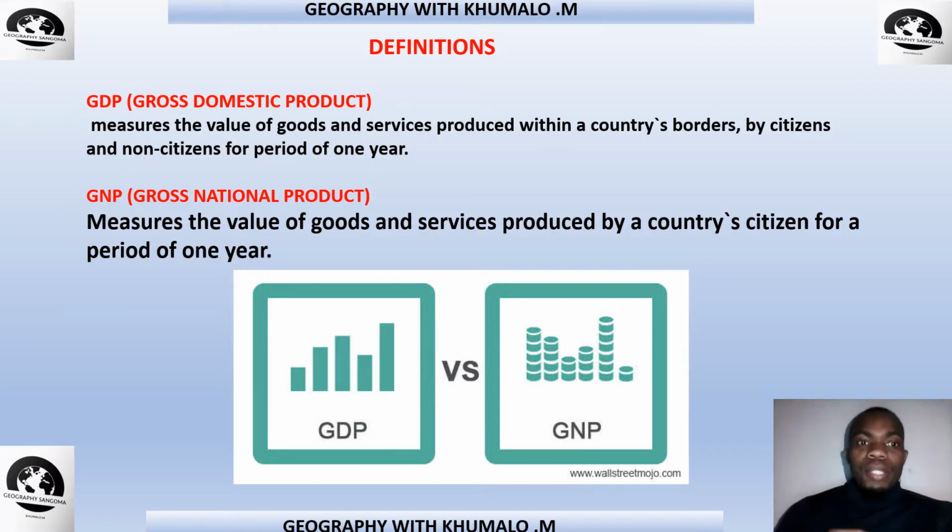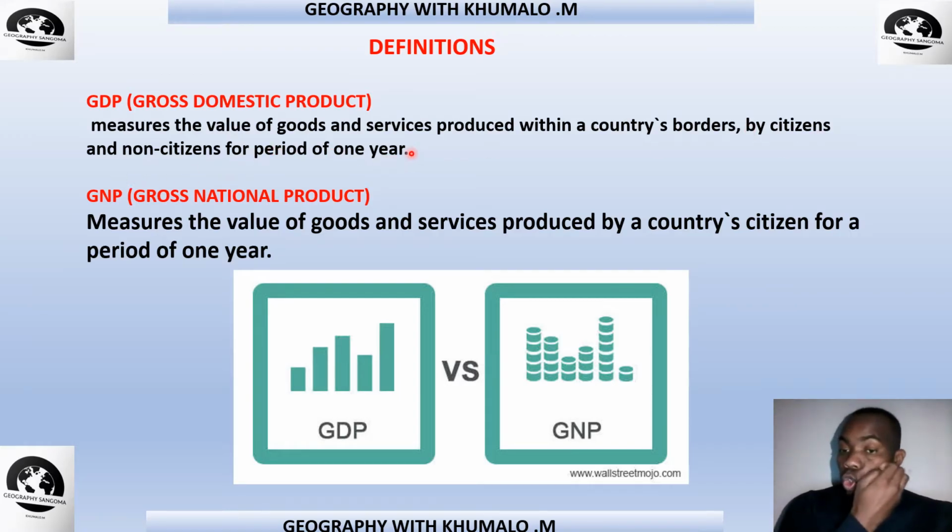Now, the GDP stands for gross domestic product. It measures the value of all goods and services produced within a country's borders by citizens and non-citizens for a period of 1 year.